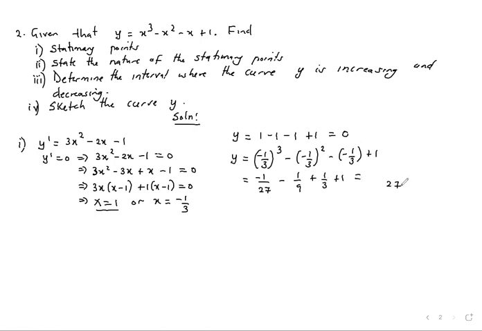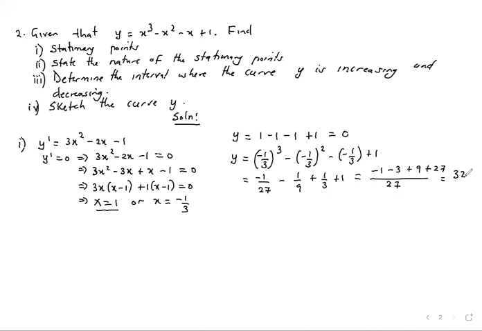With 27 as the denominator, we get negative 1 minus 3 plus 9 plus 27, which is equal to, first 9 minus 4 is 5, 27 plus 5, that's 32.